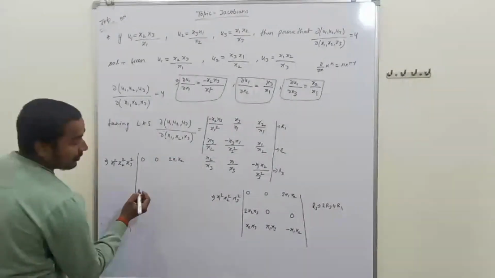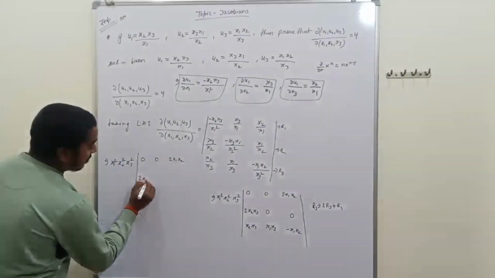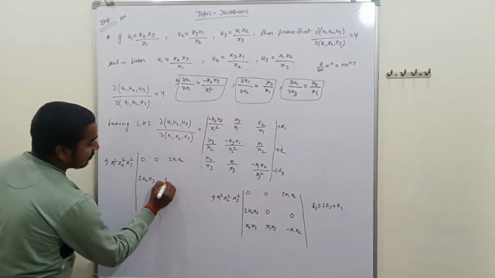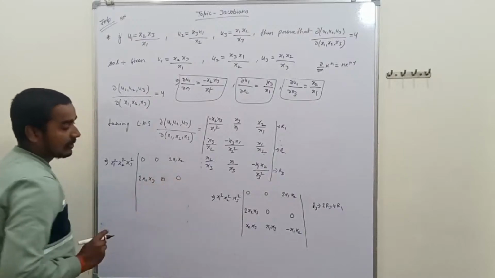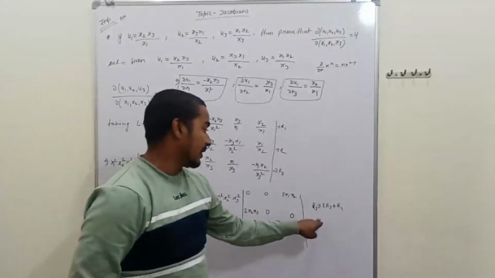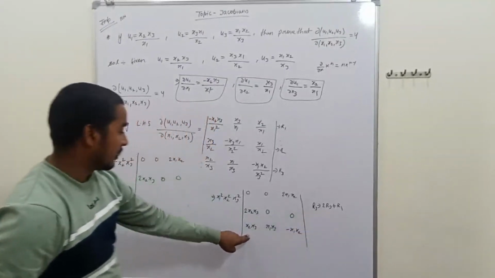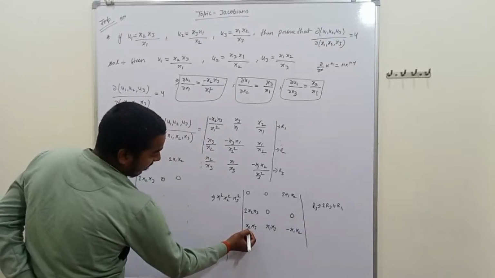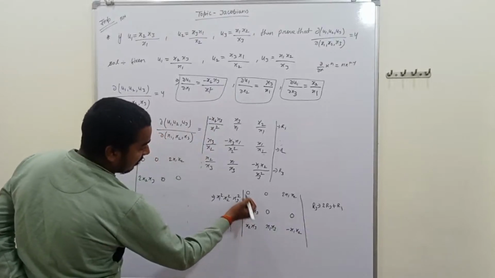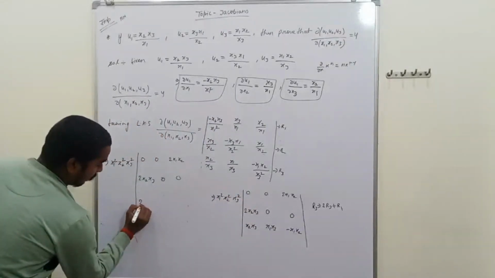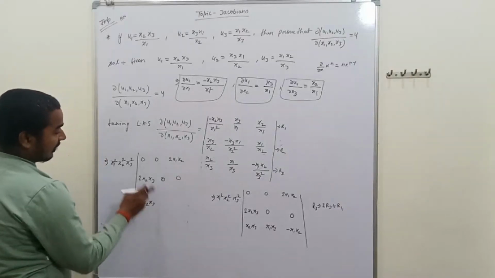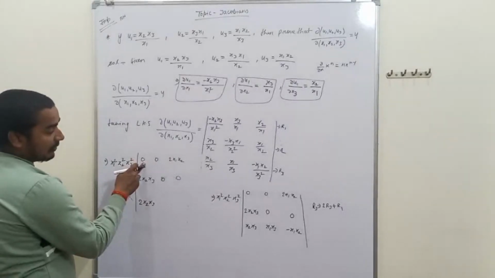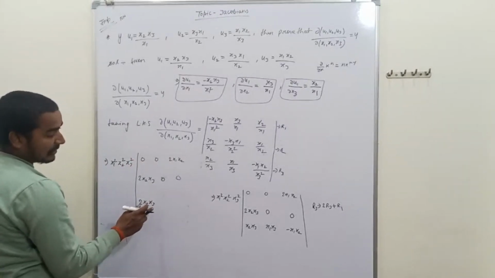The second row is also unchanged, that is 2 times x2 x3, 0 and 0. For the third row we take the operation 2 times r3, that is 2 times x2 x3, plus r1, that is 0, then the remaining is 2 x2 x3.